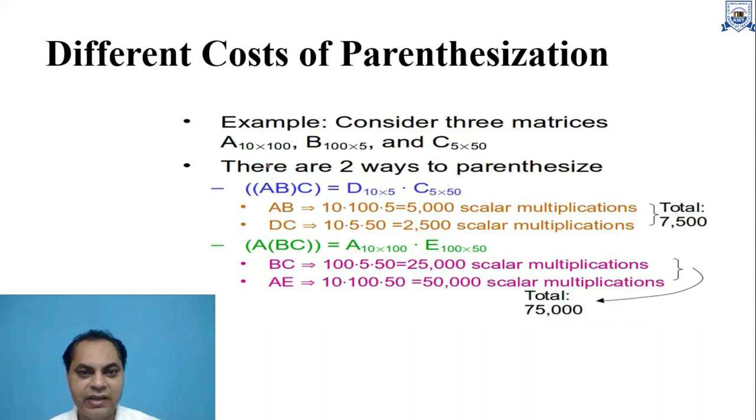For example, let's say we have 3 matrices. Matrix A has dimension 10 into 100, matrix B has dimension 100 into 5, and matrix C has dimension 5 into 50, and there are 2 ways of parenthesizing these matrices.